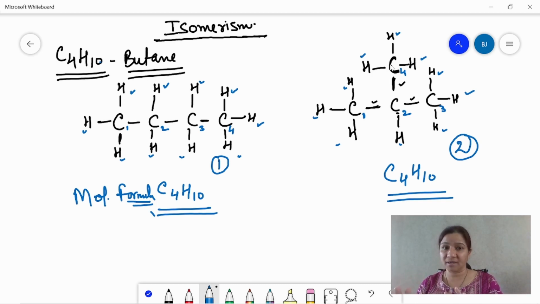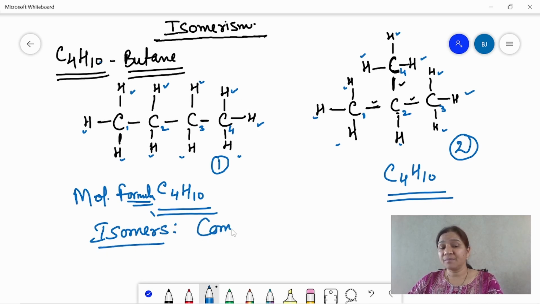Both are butane, but their structures are different and their molecular formulas are the same. What do you call such pairs? Such pairs of compounds having the same molecular formula but different structural formula are called isomers. There is a new term. What do you call them? Isomers, right? What is isomers?